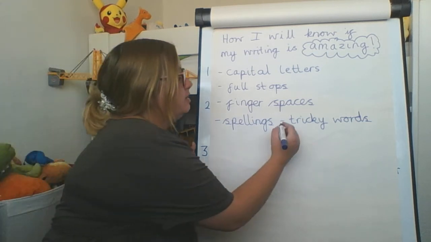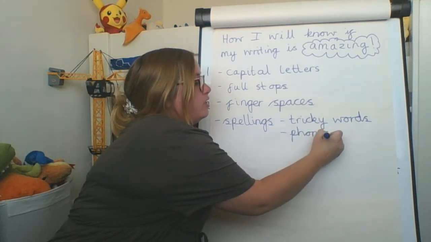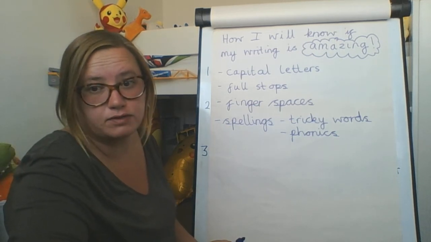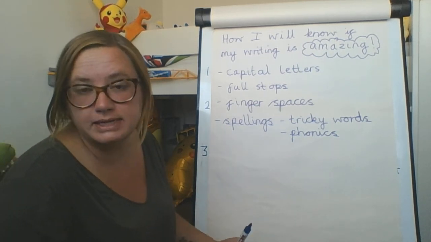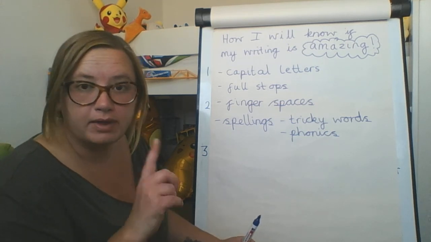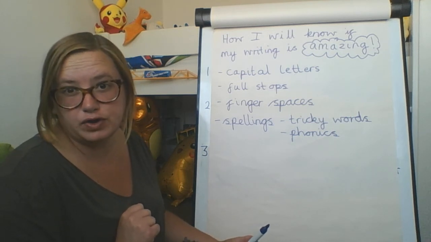The other thing I'm going to be looking for in your spellings is that you are using your knowledge of phonics. Okay? So if you're using your knowledge of phonics, I will see the different sounds. Even if it's not correct, I will be able to look at it and go, they've tried really hard to use that sound there to make that word look correct.